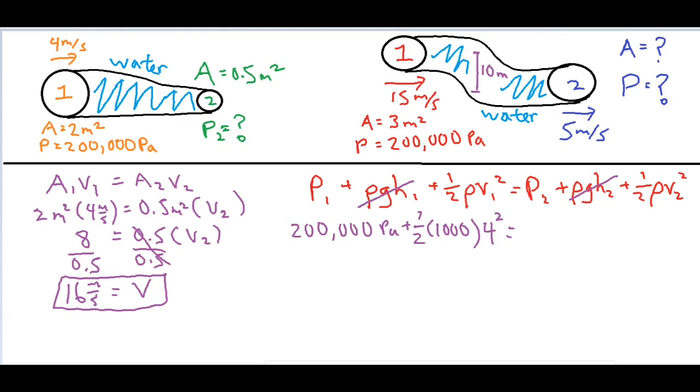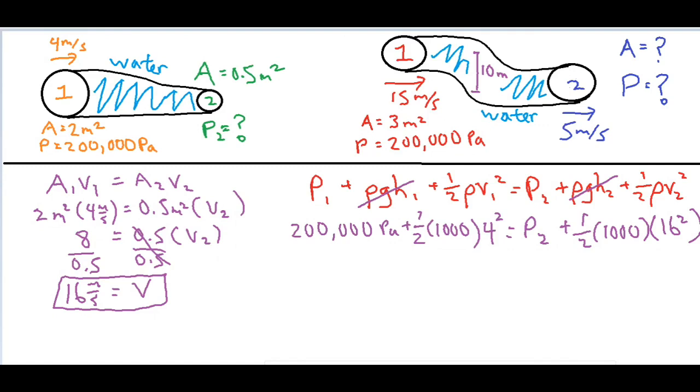So we have everything on our left side, and P2 is our main unknown variable, so of course we don't have that quite yet. Then 1/2, same rho, 1,000 for water, and we just got that V2 a little bit earlier, so we have 16 squared right over here.